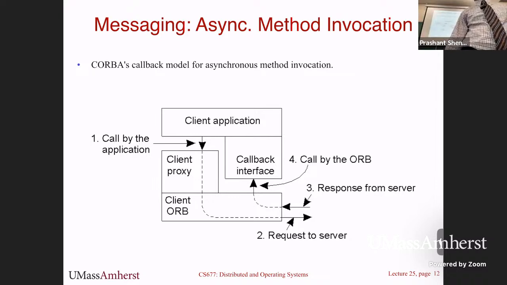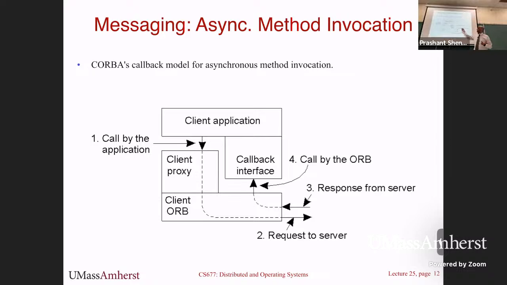Since the client is not blocked, how does the client know the reply has actually come back from the server? There are two ways to do this in Corba. One is you have a callback. Callback essentially says, I send this request, and when the reply comes, the stub is going to call the callback function, which is then going to tell the client your reply has arrived.